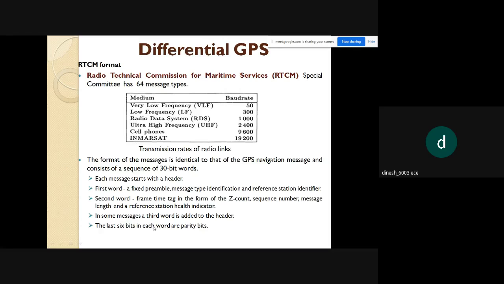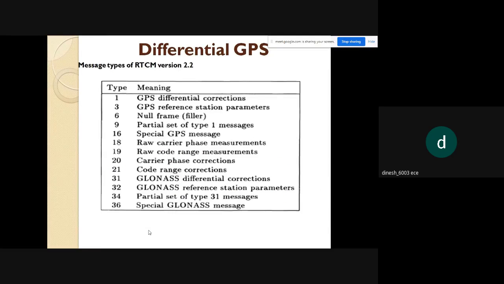In some messages, we will have a third word with your header, and we always have the last six bits of each word as parity bits. You are all familiar with parity bits, which are used to detect errors. So this is your message format, the message types of RTCM version 2.2. Type 1 is GPS differential correction. Type 3 is GPS reference station parameters.